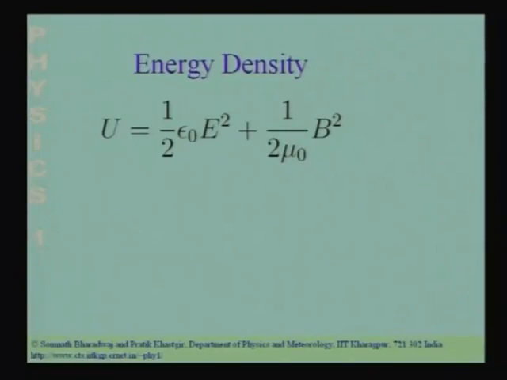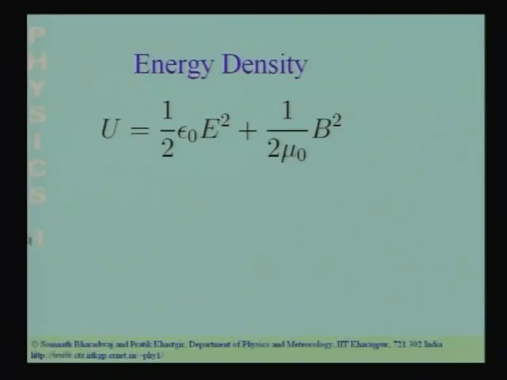So, let us calculate the energy density in this electromagnetic radiation. Now, all of you must have already learnt that there is some energy in electric and magnetic field configurations, and the energy in the electric field configuration is half epsilon naught E square.